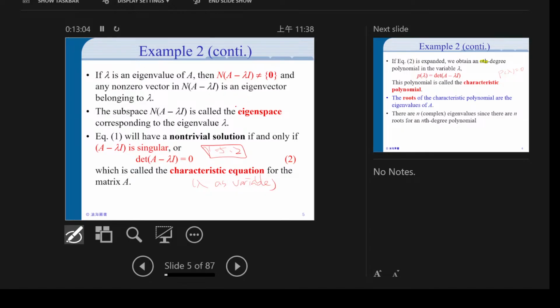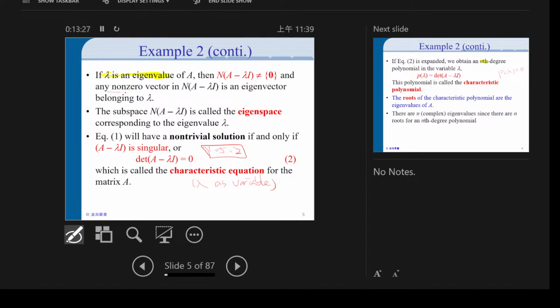So here is the fixed lambda part. We fix an eigenvalue of A, and we have a non-trivial null space, and any non-zero vector inside the null space will be an eigenvector of lambda.